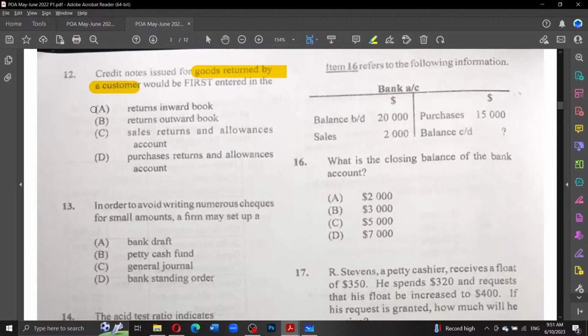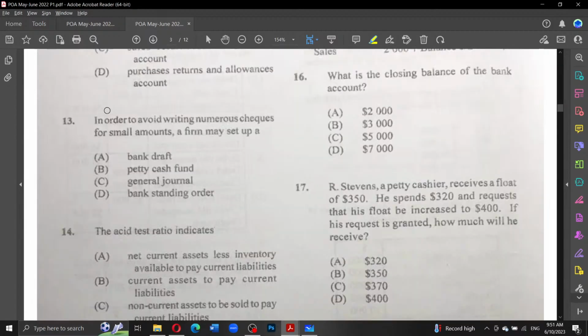Alright, this is A. In order to avoid writing numerous checks for small amounts, a firm may set up a petty cash book. One of the advantages of the petty cash book is to reduce the amount of checks that the business would need to write.